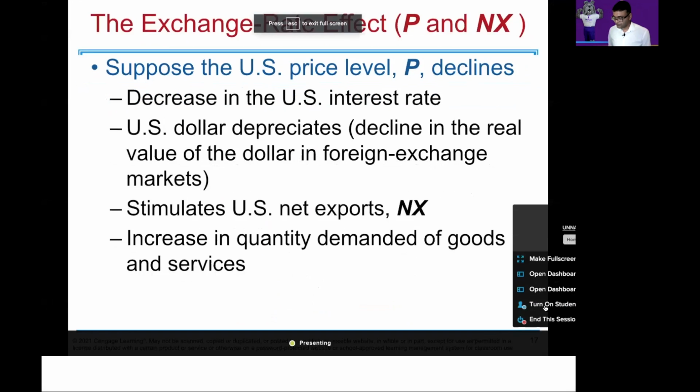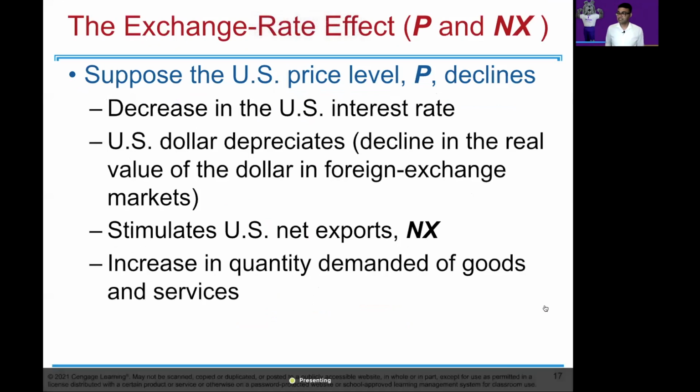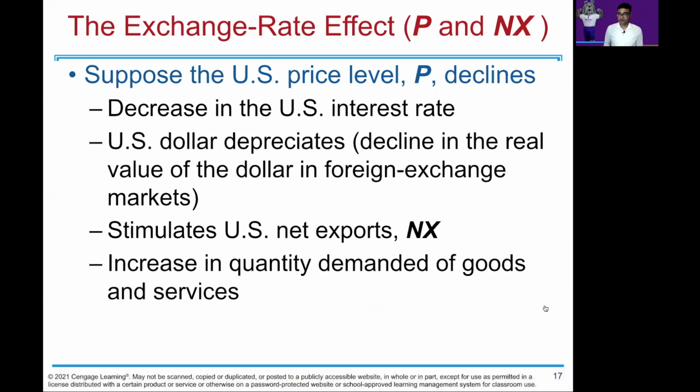So if the real exchange rate depreciates, what does it mean? It means your goods and services in the US are cheaper than in foreign countries. So ultimately your net exports will increase.